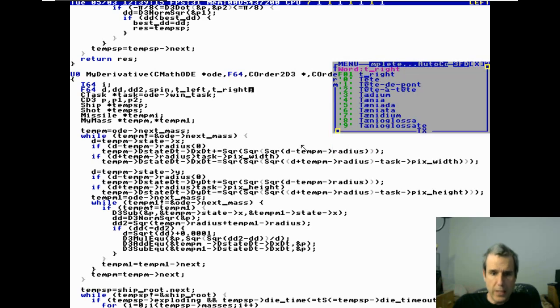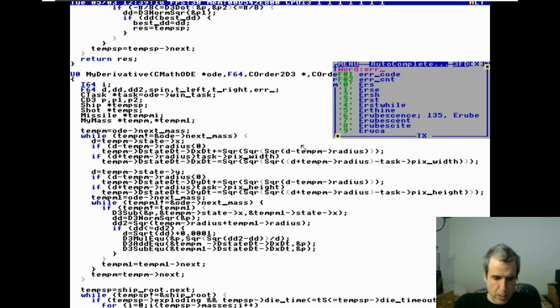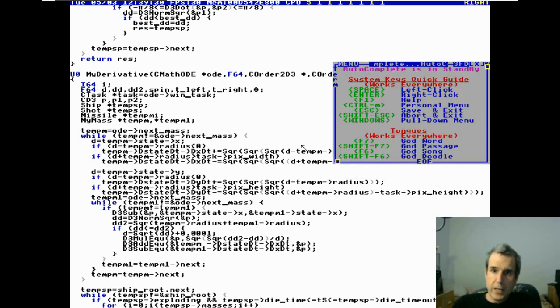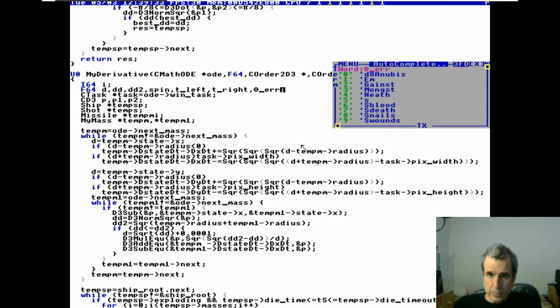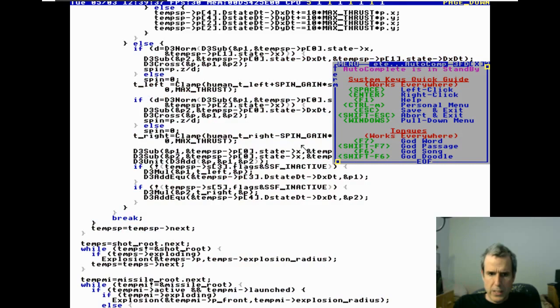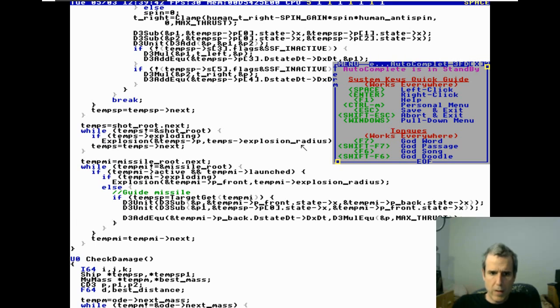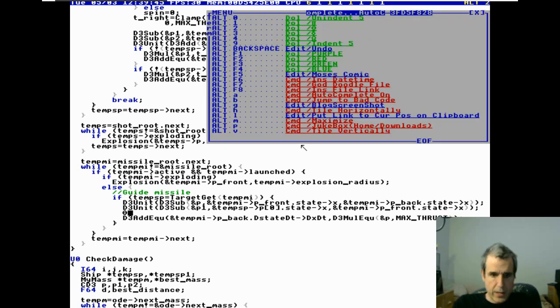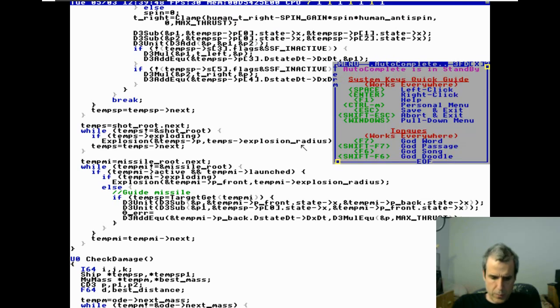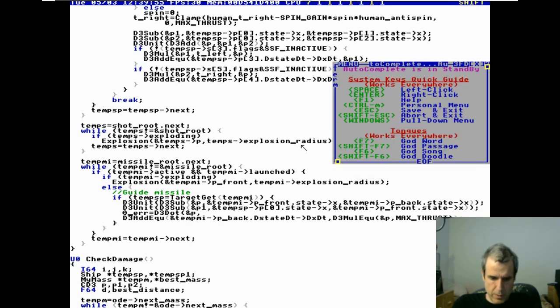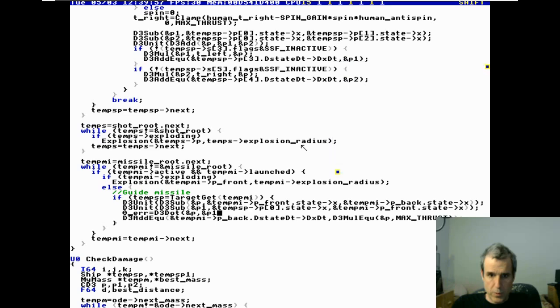Let's call this error theta. Error theta, I like that. Theta error. How about theta error? Okay, so theta error equals d3 dot address p comma address p1.